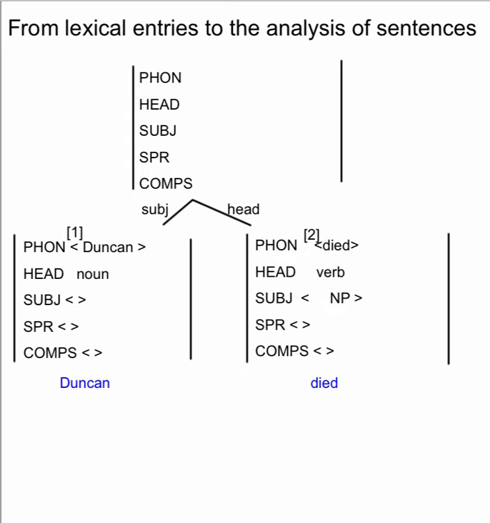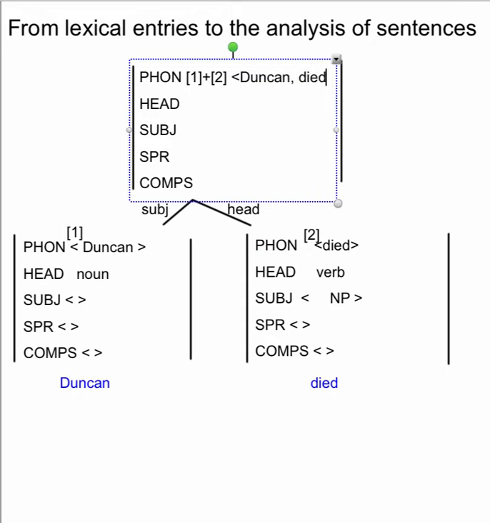With this specification of the phonology values and our phonology principle, we then get two possible values for the phonology value of the phrase. So it's either number 1 concatenated with number 2, which is Duncan died, or it's the other way around.